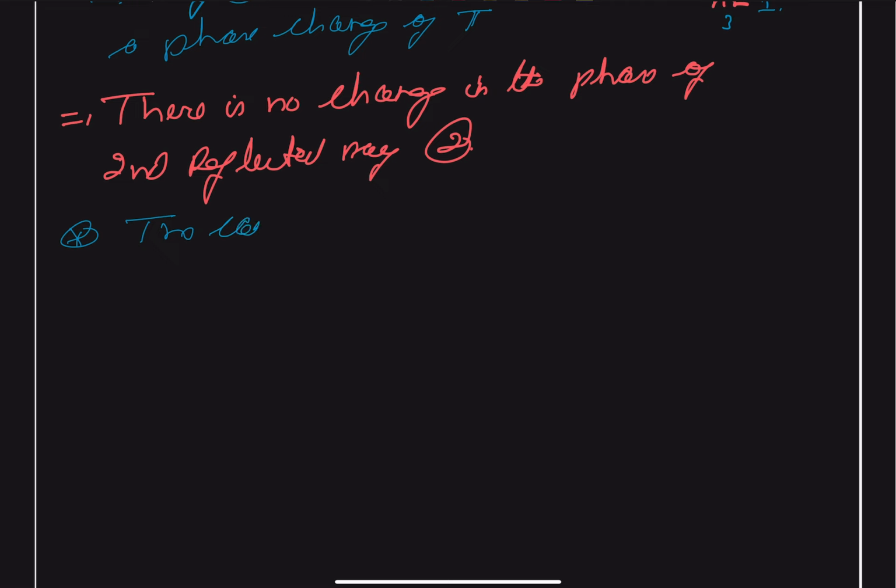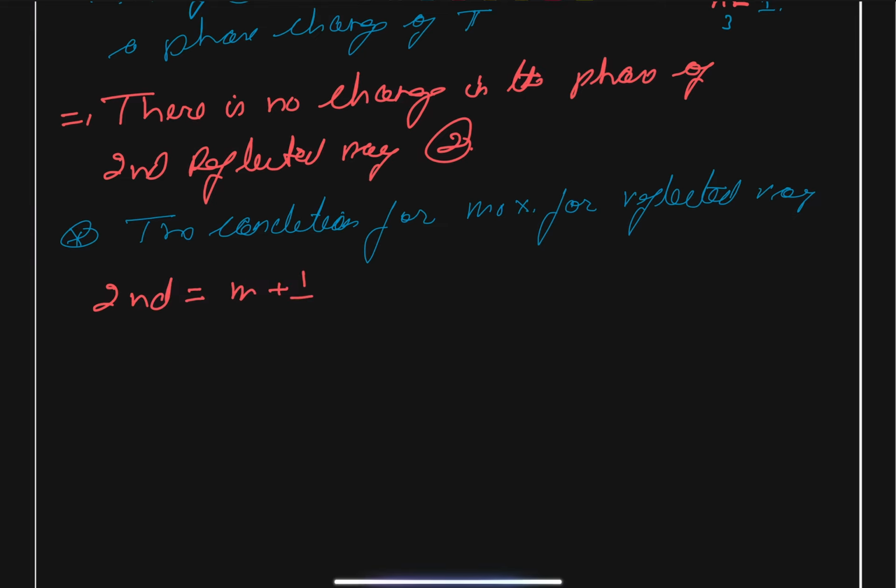Therefore, the condition for maxima for reflected rays, we can write the formula as 2nd is equal to (m plus 1 by 2) multiplied by lambda.